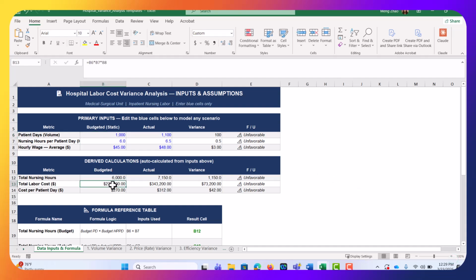So this is the total labor cost that we have budgeted. However, the actual labor cost is way more than the budgeted labor cost.